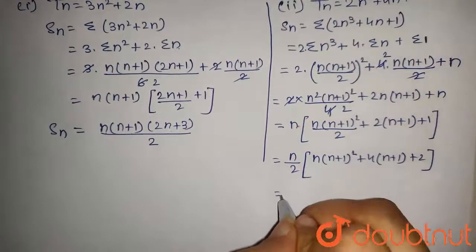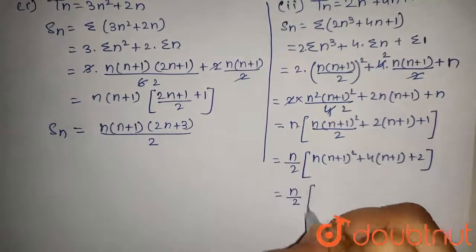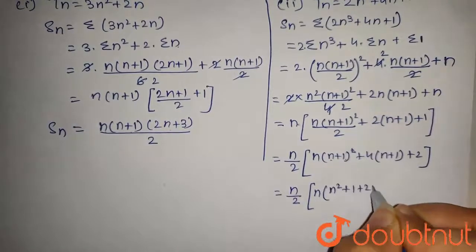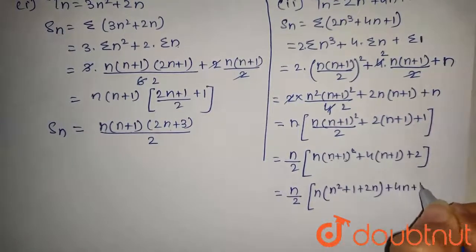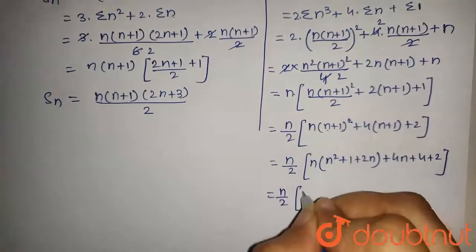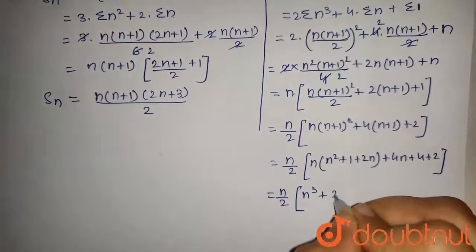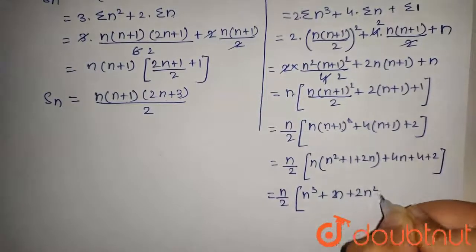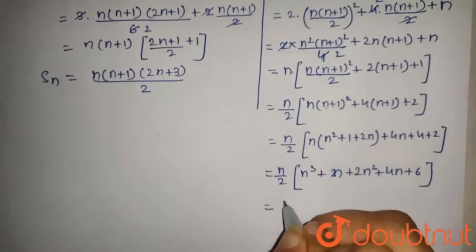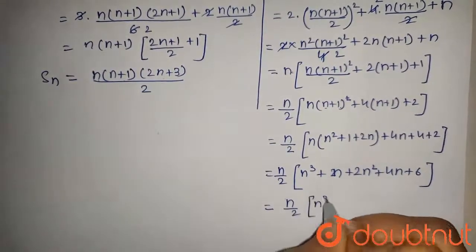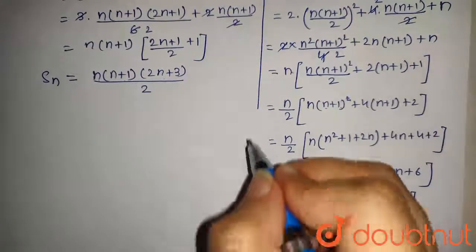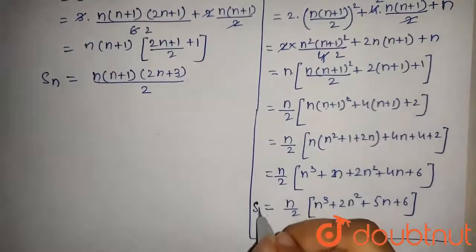But this will be now n by 2 into n plus 1 to the whole square will be n square plus 1 plus 2n plus 4n plus 4 plus 2, or this will be n by 2 into n cube plus n plus 2n square plus 4n plus 6, or on simplifying this, we get n by 2 into n cube plus 2n square plus 5n plus 6. So this is the sum of the second series.